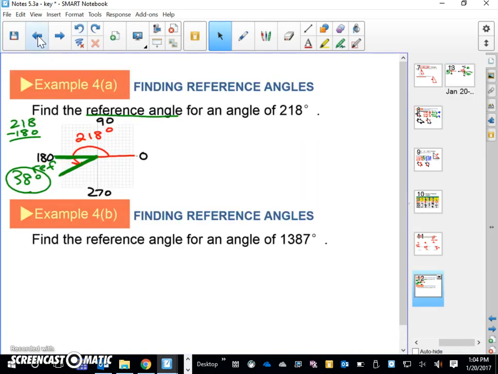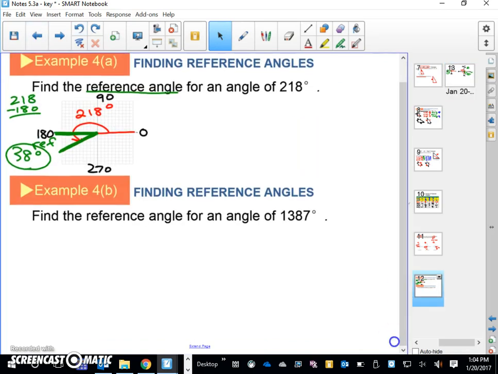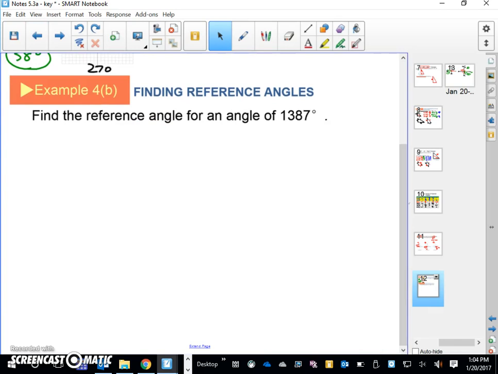Then let's go back here to example 4b. Find the reference angle for an angle of 1387 degrees. Well, that's tough because I don't know where that is. It's very difficult for me to pinpoint what quadrant that's in. So let's go back a couple of sections to where we found the least positive coterminal angle. You might remember how we did that?